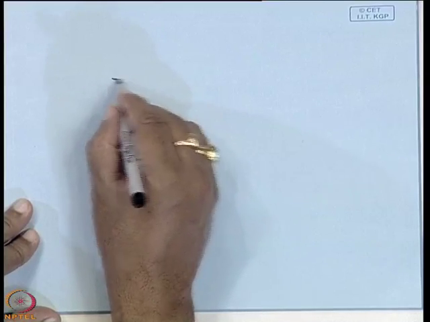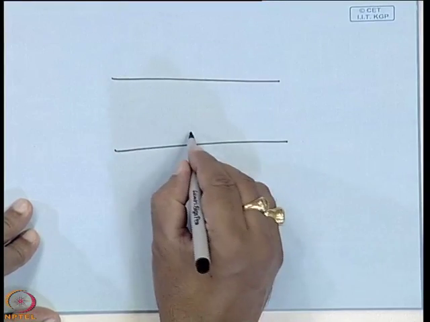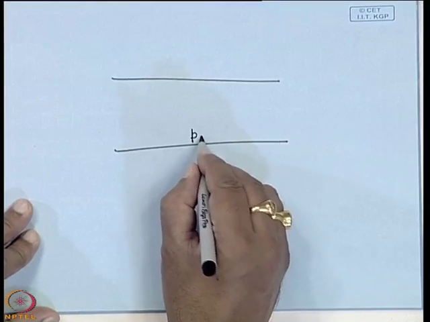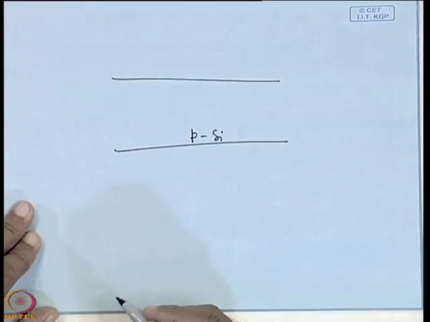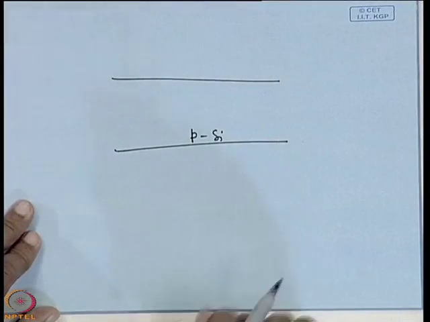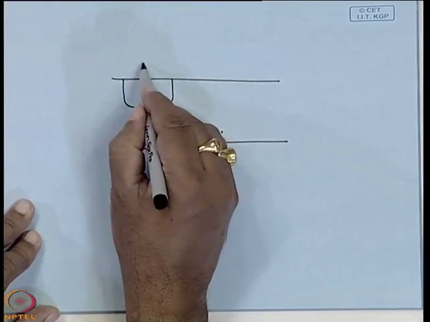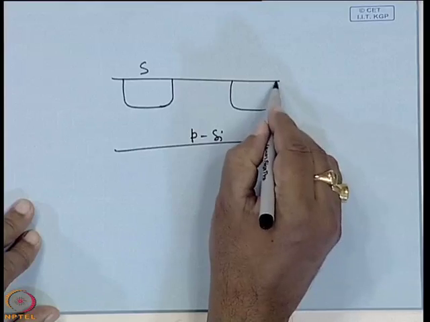You see that say this is one material, this is say p type silicon or say n type silicon, p type silicon. One example, I have taken one p type silicon. Then two source and drains are fabricated.